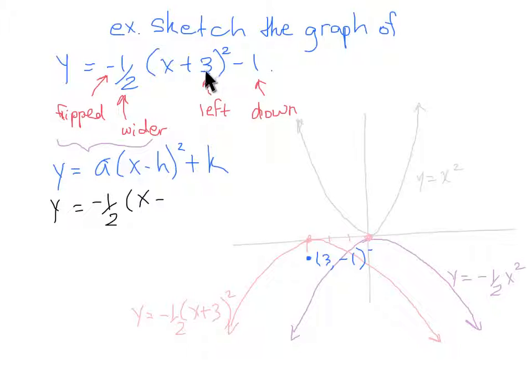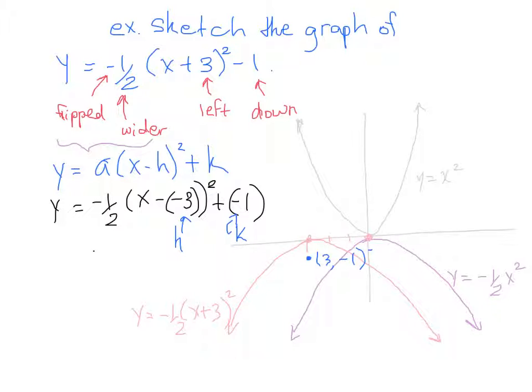So that means we're actually subtracting -3 here. So x minus -3, I'm just trying to get it in this format, squared plus, and here, check it out, we have a -1 here. So we're adding -1. So our h value is -3 and our k value is -1.